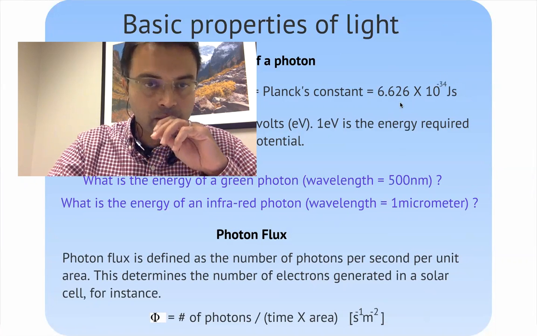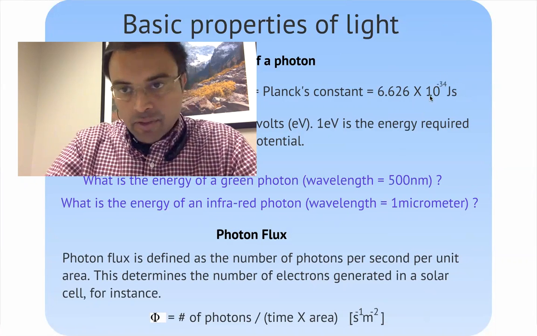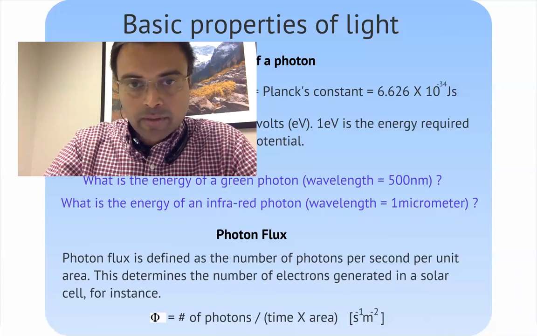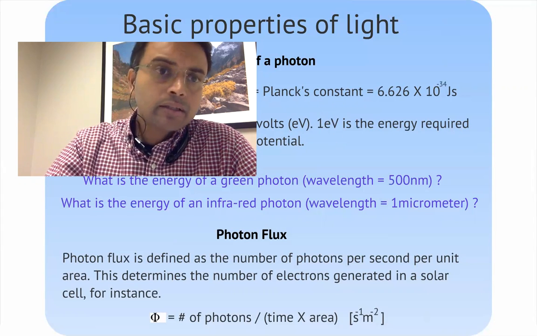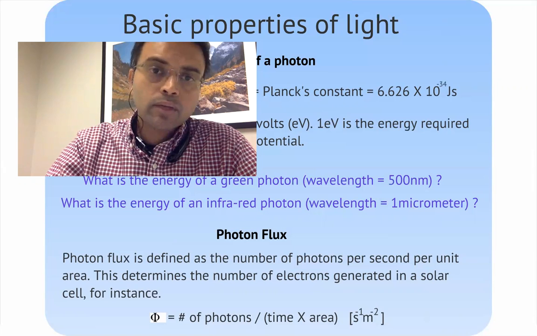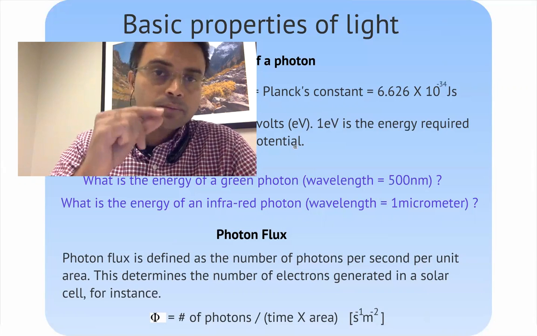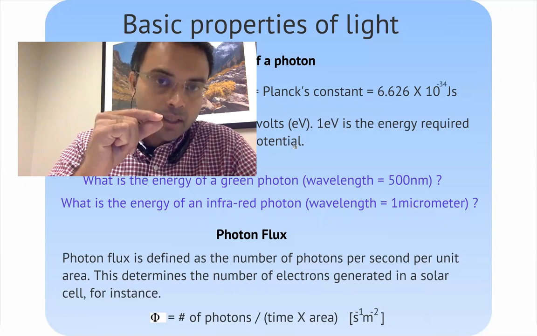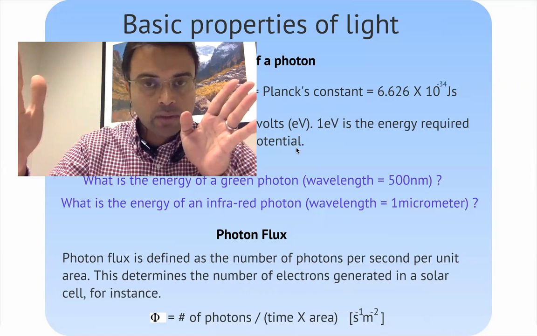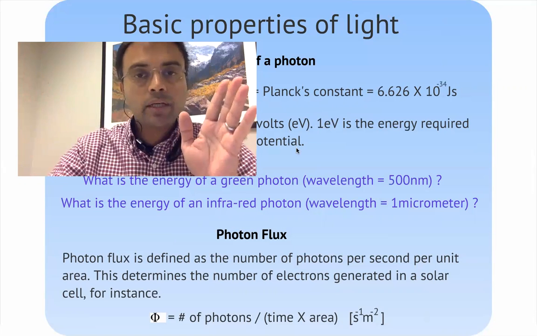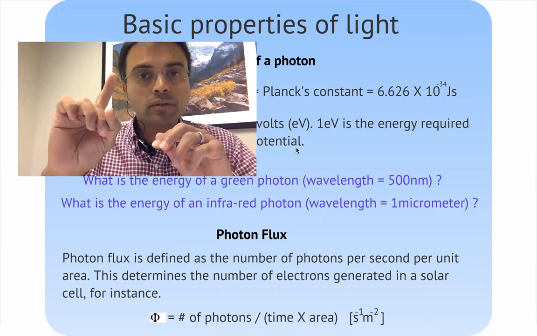That's the unit. Because these are very small numbers, we can also express the energy in electron volts, or eV, where 1 electron volt is the energy required to raise an electron through a 1 volt potential, which means that if you had 1 electron and you accelerated it by applying a potential difference of 1 volt, the amount of energy gained by that electron is 1 electron volt.